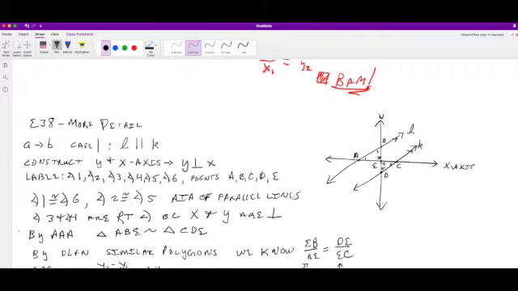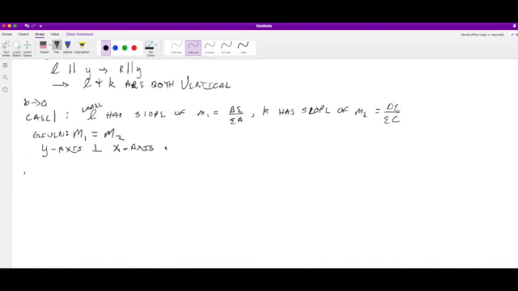Well, we come back up here. We know that angle 3 and angle 4, again, are both right angles. So that implies that angle 3 and angle 4 are right angles. So angle 3 is congruent to angle 4.